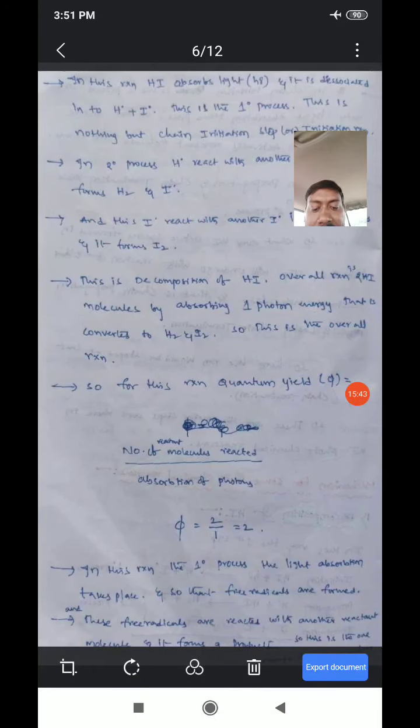In this reaction, in the primary process the light absorption takes place, so that free radicals are formed.